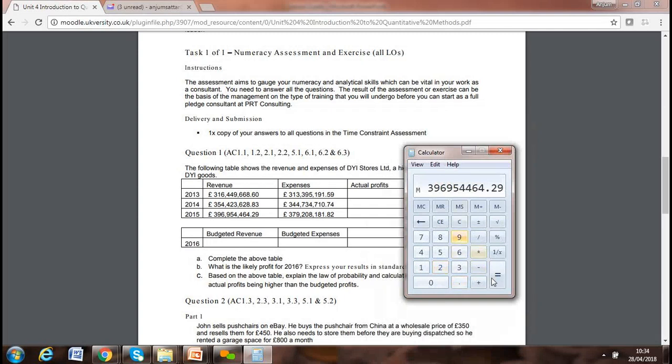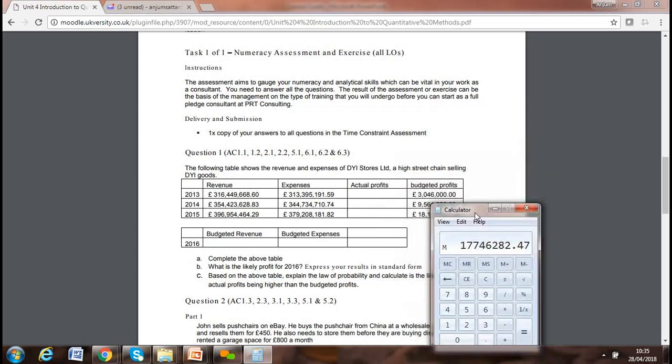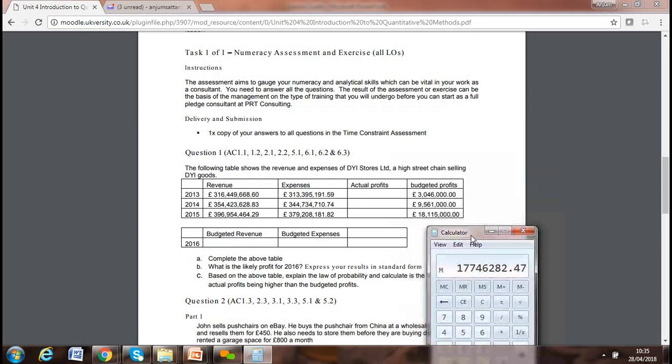3,9,6,9,5,4,6,4.29 minus 379,208.1. Put the figures just here. So my gross profit, my actual profit, is lesser than the budgeted profit. How much is the lesser?